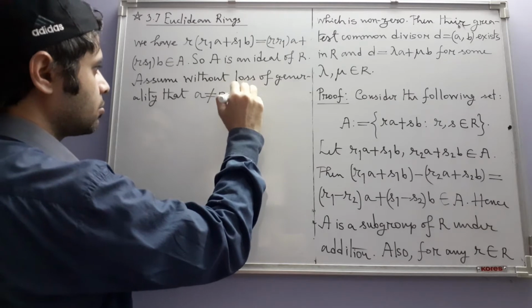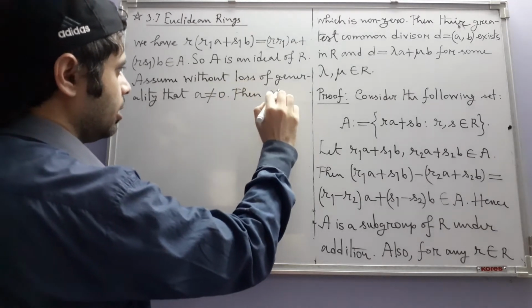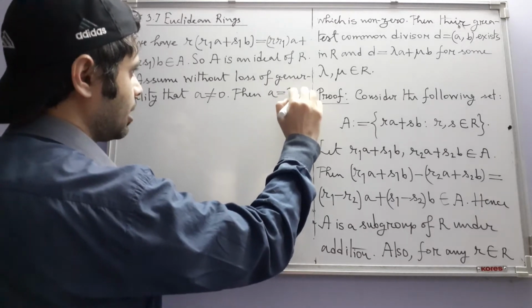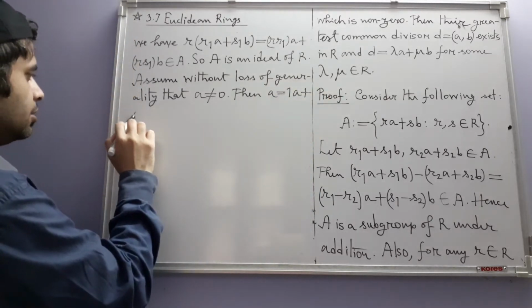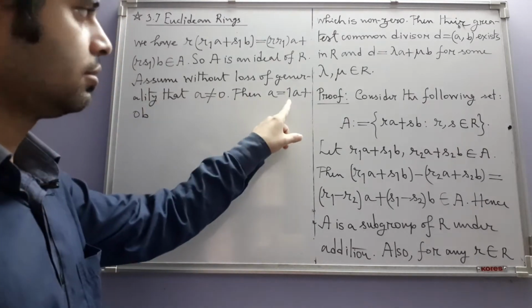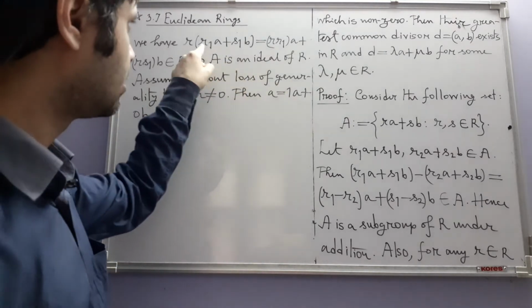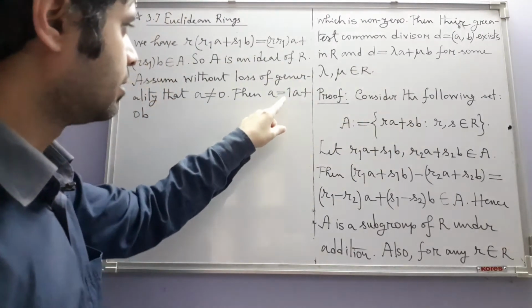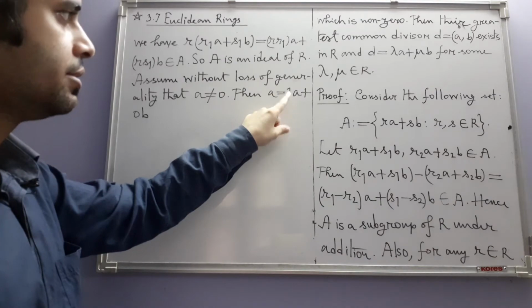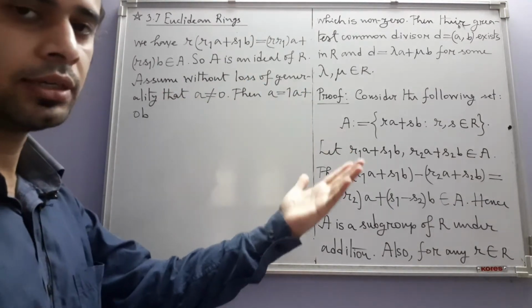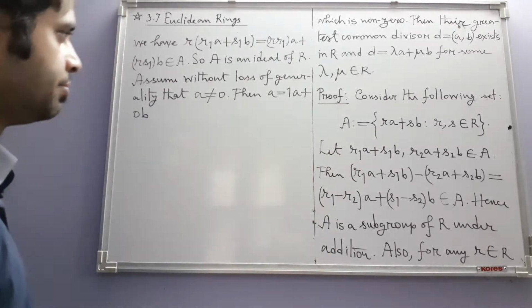Then A can be written as 1A plus 0B, where 1 and 0 are playing the role of R and S here. The fact that 1 is there in the ring, we have already proved as the corollary to theorem 371.